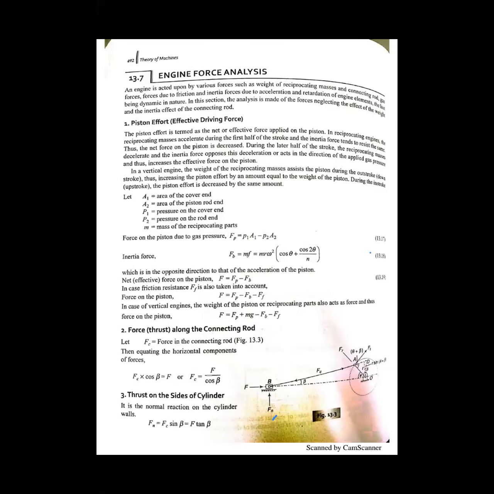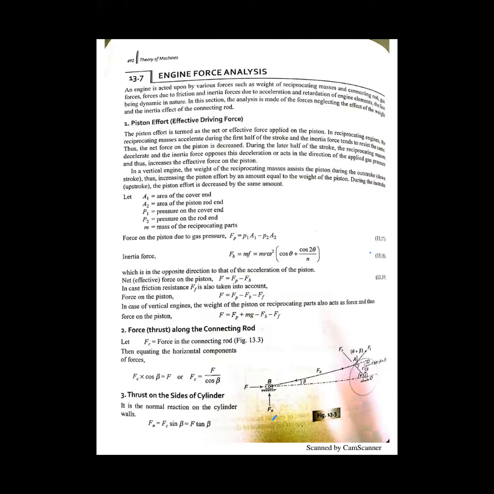So Fn equals Fc sin beta. Why? Because it is similar to the before one. From triangle ABC, the vertical component will be taken.